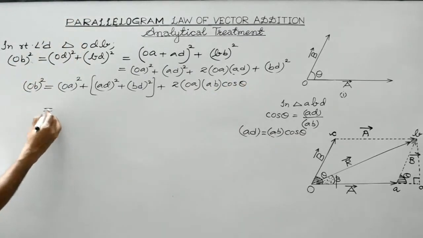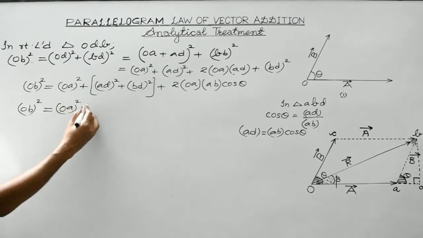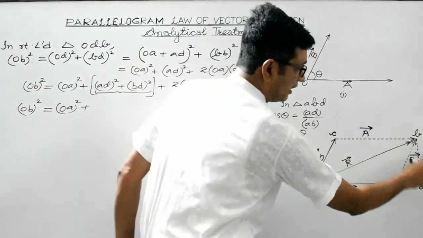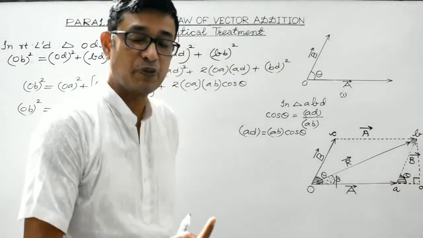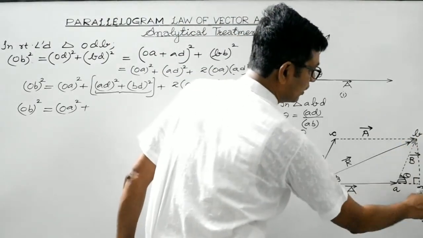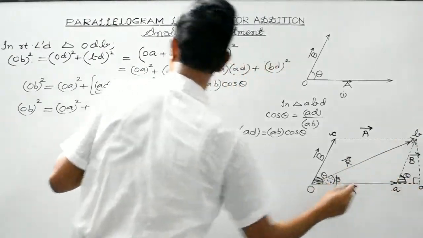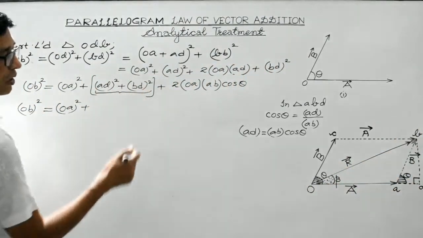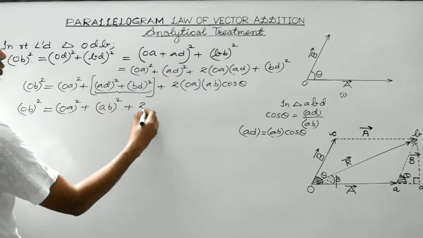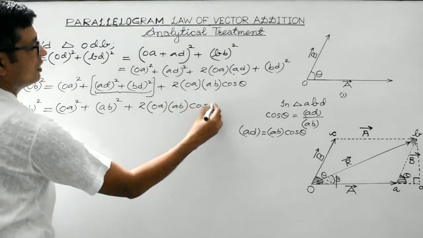Consider AD square plus BD square. This is again a right angle triangle, so we can make use of Pythagoras theorem: this is hypotenuse, this is base, and this is perpendicular. So AB square should be equal to AD square plus BD square. So OB square is equal to OA square plus AB square plus twice OA AB cos theta.